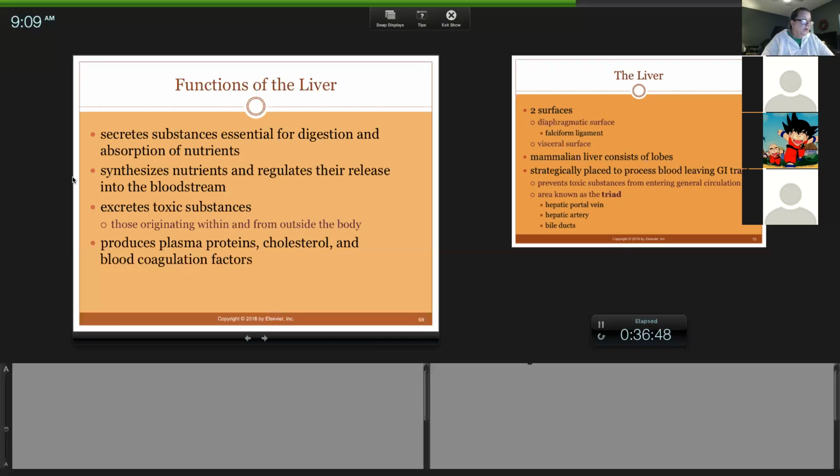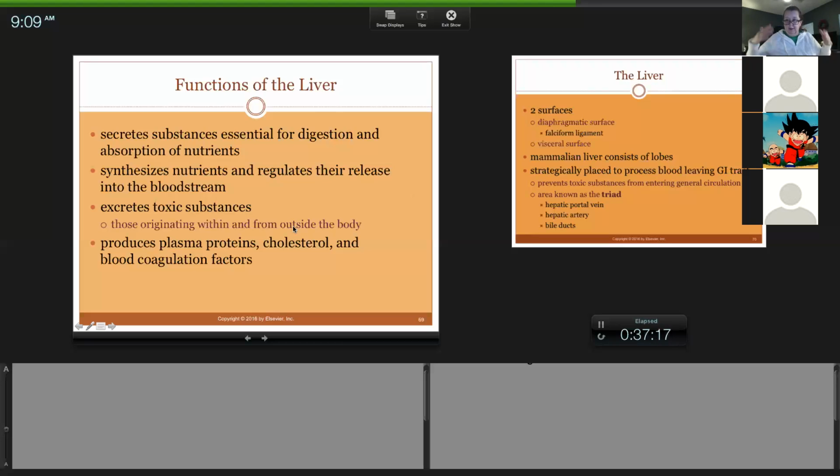Now, the liver can also synthesize or create nutrients, and it can release nutrients when needed. We talked about when the body needs glucose. It excretes toxic substances that have either come from in the body or came from the digestive tract. When it says outside the body, it's not absorbing through the skin.